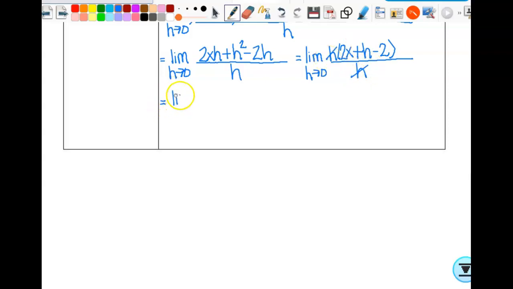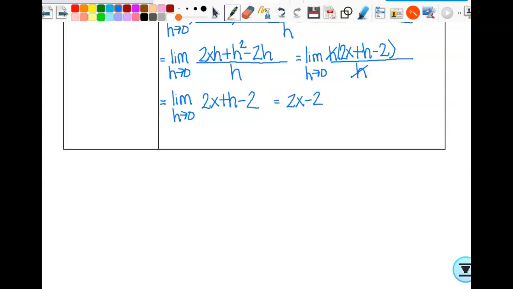That gives me the limit as h approaches 0 of 2x plus h minus 2. Everybody good at this point? Now that I've simplified it all down, I can actually take the limit as h approaches 0, and when I substitute 0 in there, I end up with 2x minus 2.